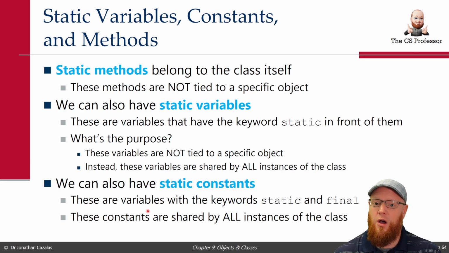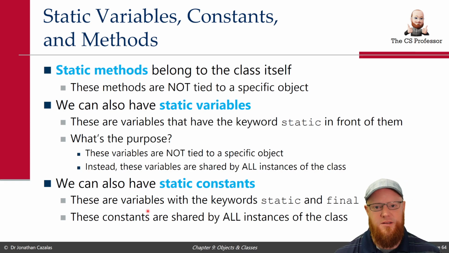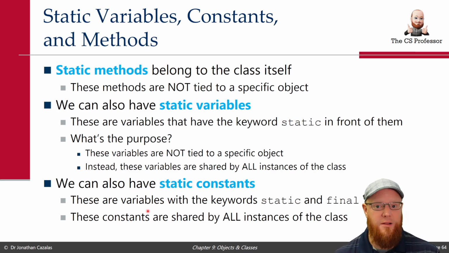These variables are part of the blueprint, but they will not be connected to or tied to specific objects. Instead, a static variable is shared by all instances or all objects created from that blueprint. And finally, we can also have static constants. Now, as we know in Java, a constant is simply a variable with the keyword final in front of it.